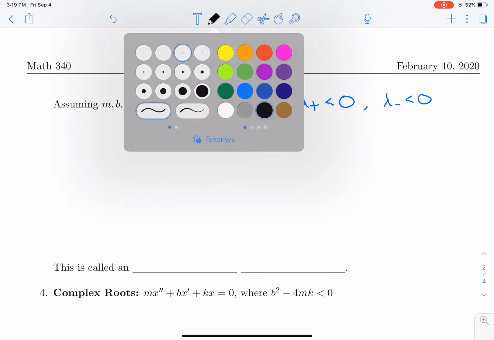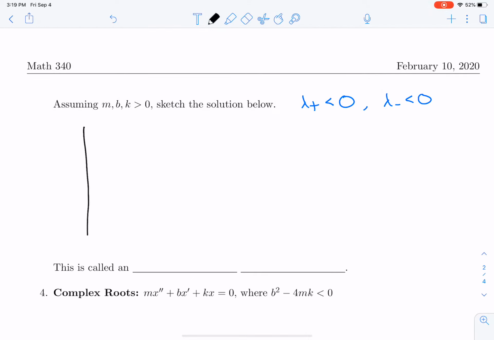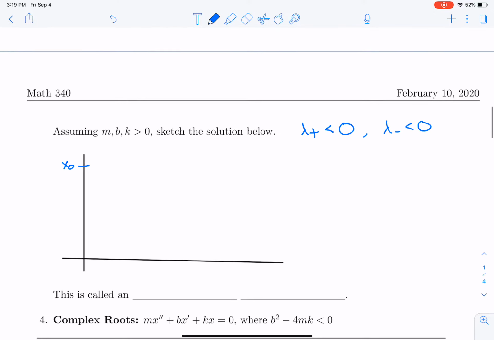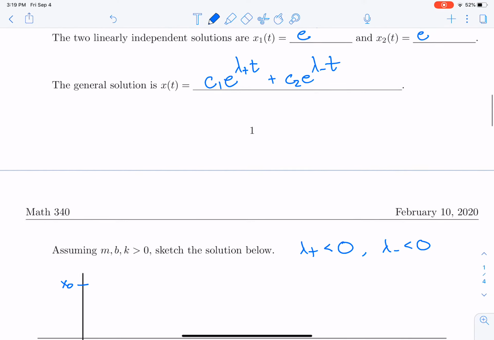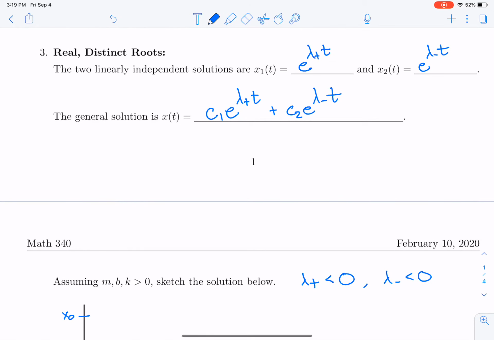So if I want to sketch the solution, then what will happen is that I will start at the initial position, we'll call it x0, and then I have, looking back up here, exponential decay, because e to the lambda plus t has a negative lambda, and e to the lambda minus t has a negative lambda.